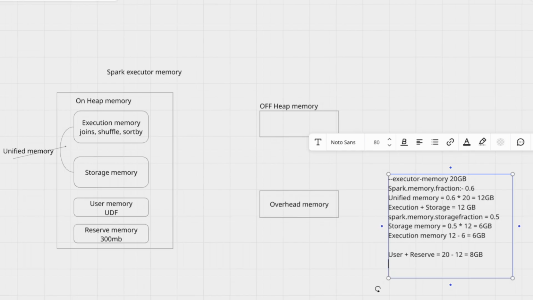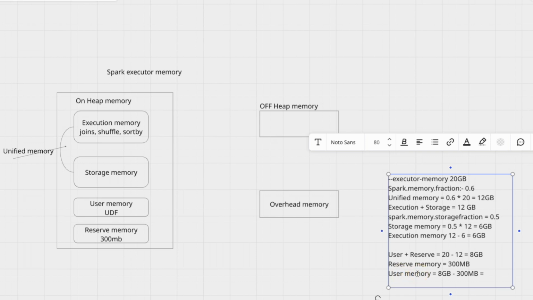Reserve memory is generally 300 MB. So your user memory becomes this 8 GB minus 300 MB.